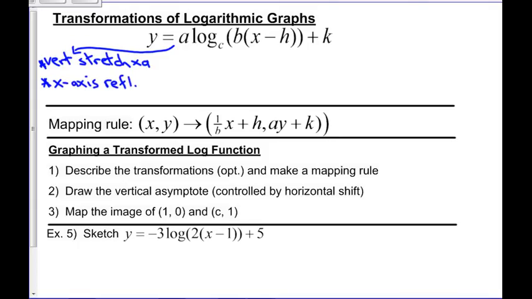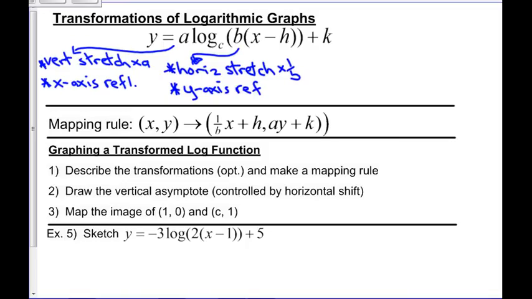Now, when we did this for exponentials, we got all these descriptions, and we ended up not really needing them because we just went to a table of values. Here, we will need the descriptions, or to be able to analyze. The b is a horizontal stretch, and that's by a factor of 1 over b. If it's negative, you will end up with a y-axis reflection.